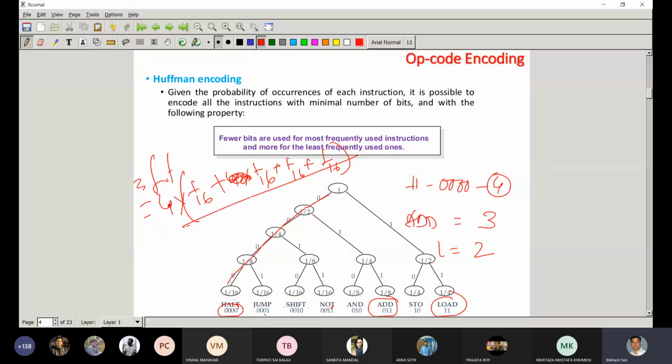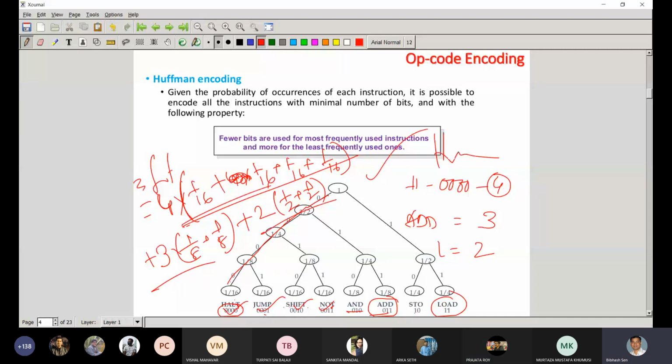I can write it this way: if I take 4 common, these 4 are okay. Now these two are 3 bit, so plus 3 into 1 by 8 plus 1 by 8, plus 2 into 1 by 2 plus 1 by 2. Am I clear? So using this formula, you found out the Huffman problem.